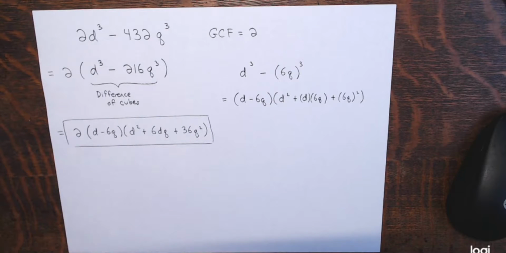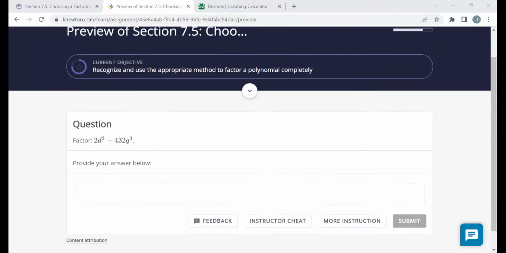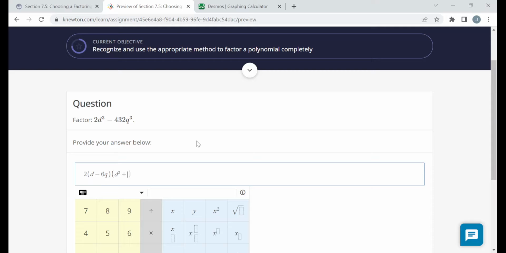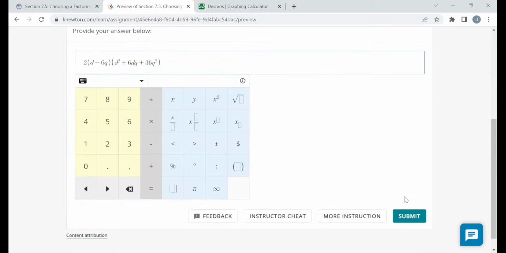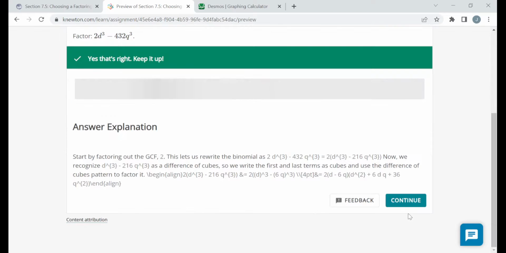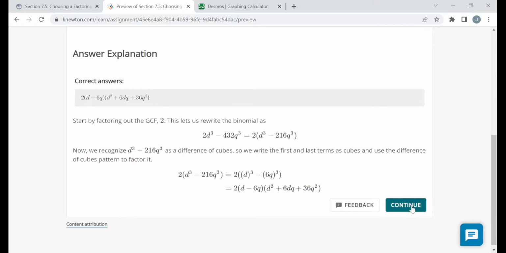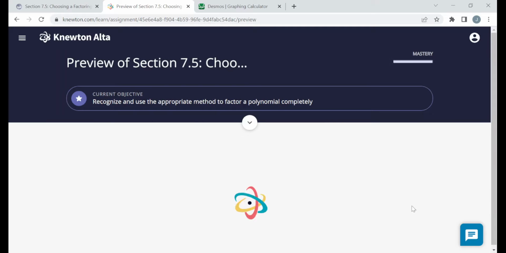And that's what I'll type. Two times d minus 6q times d squared plus 6dq plus 36q squared. Alright, and that should be good. Wonderful. And that should be it for this preview version of this assignment.